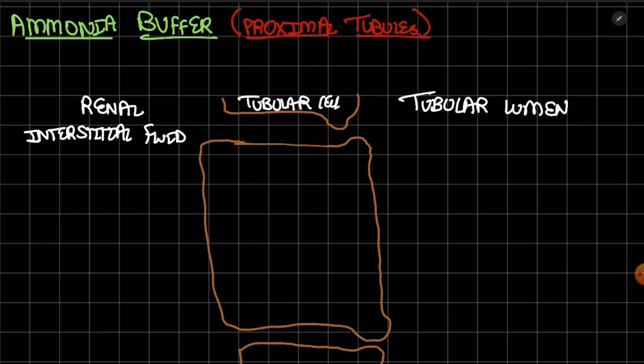Okay, so what is the difference? Basically inside the cell there is glutamine. And what is glutamine? Yes, it is a storage form of ammonia.